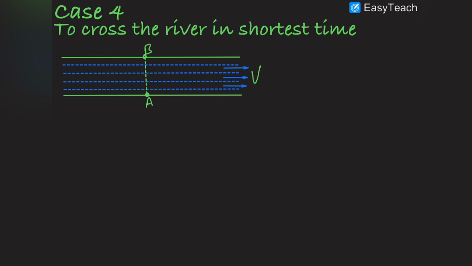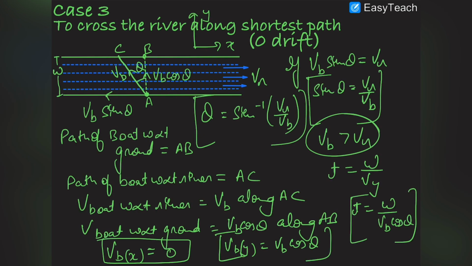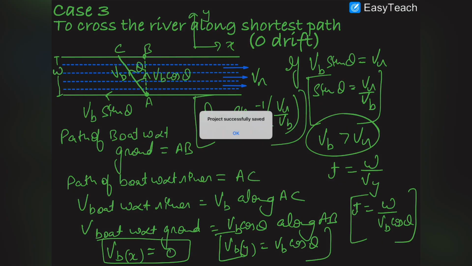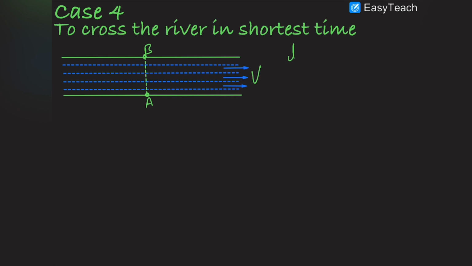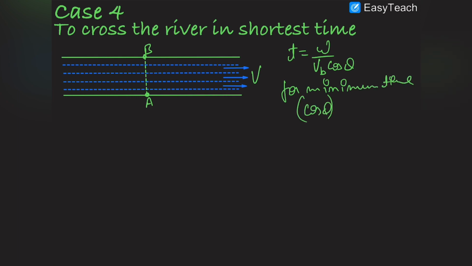So in the previous case, we have derived a result that this time is equal to w by Vb cos theta. So to minimize the time, cos theta should be maximum, and the maximum value of cos theta is equal to 1, and it is when theta is equal to 0 degree.